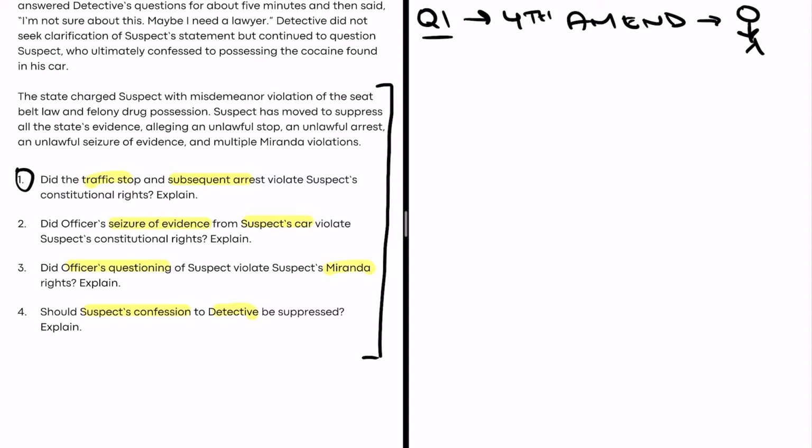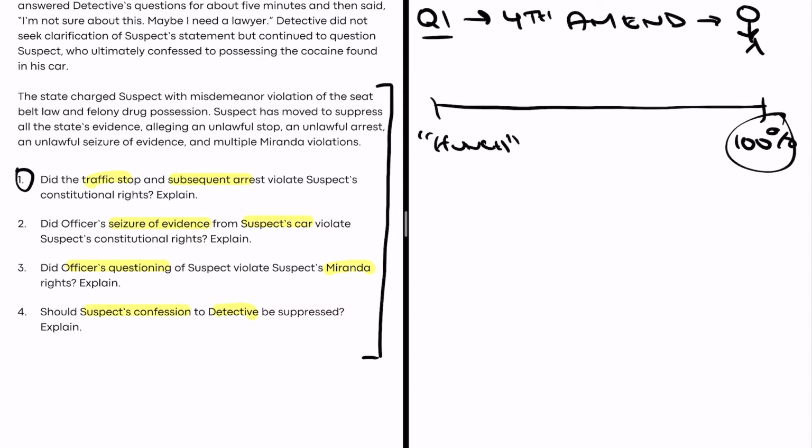So really, the main facts we're looking out for here, we can always think about seizures of a person in terms of a certainty spectrum. Maybe at the high end of our certainty spectrum, we have 100% certainty, and at the low end, we have things like a hunch. 100% on this spectrum would mean a police officer is 100% sure a crime has been committed.